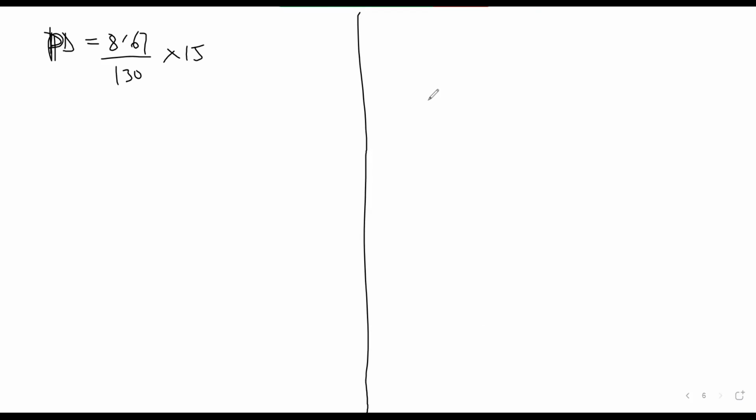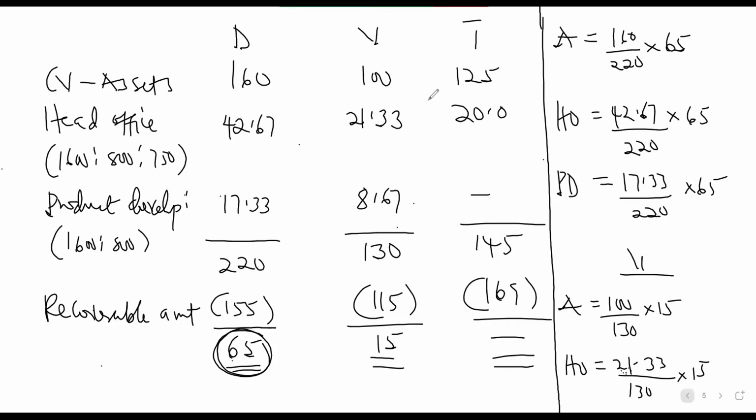So you can just get them, then you add the total impairment for them. What will be the impairment for the asset of those people? 160 divided by 220 times 65.